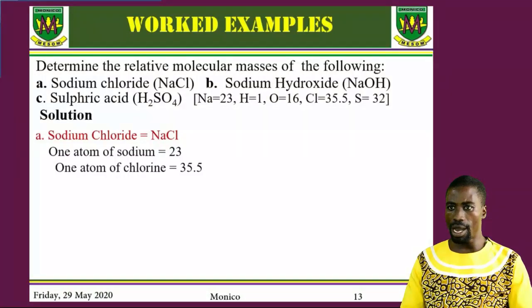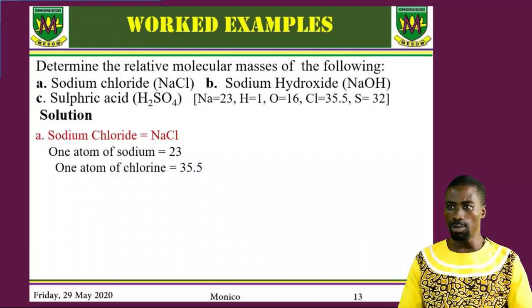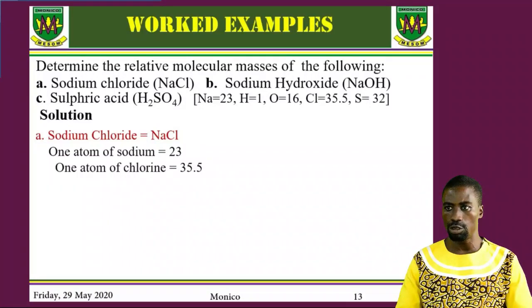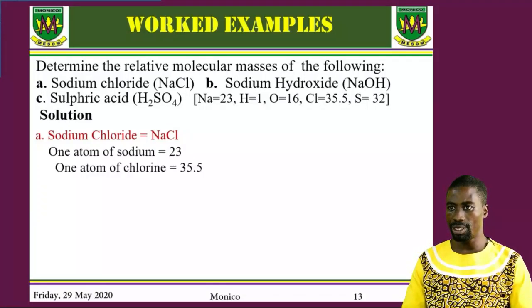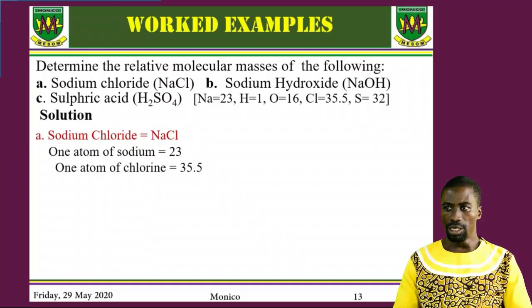In part A, sodium chloride, which is NaCl, contains one atom of sodium, so its mass is 23, and one atom of chlorine, which has a mass of 35.5.